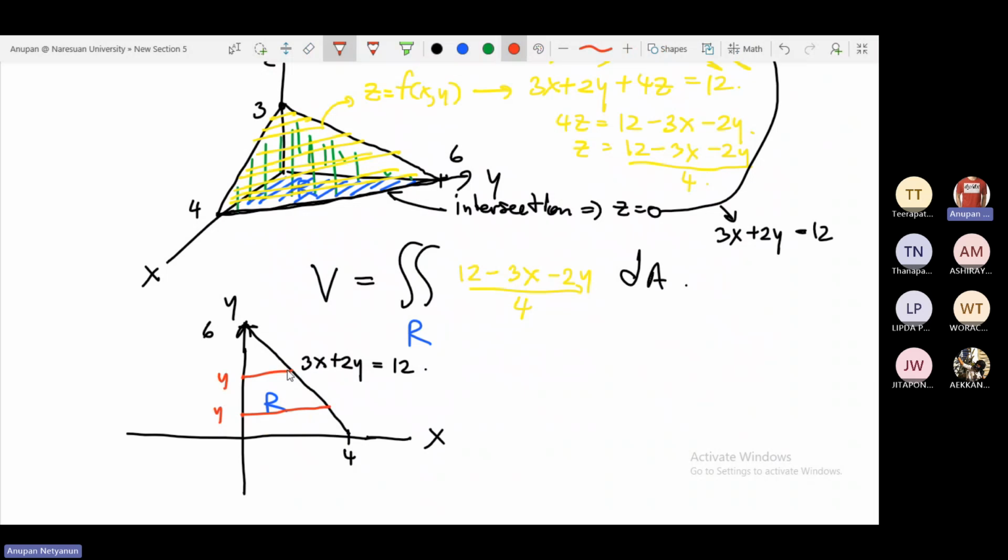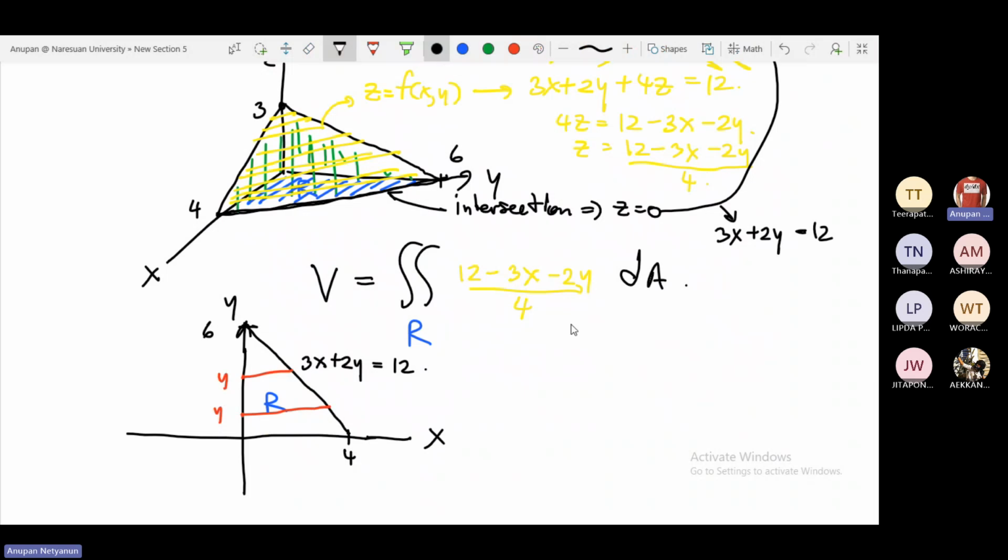Same pattern again, okay? So you can use either way. Now, since I already drew this fixed y, let me do the integration with respect to x first, so that I don't have to erase it, right? We can do it either way.